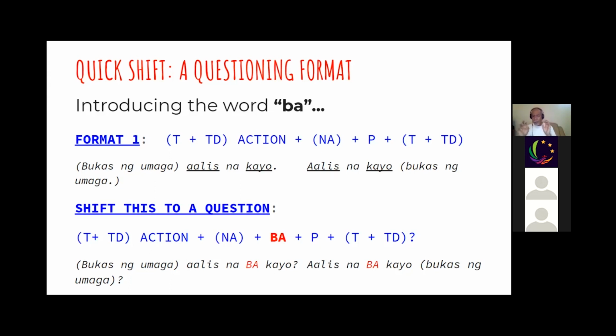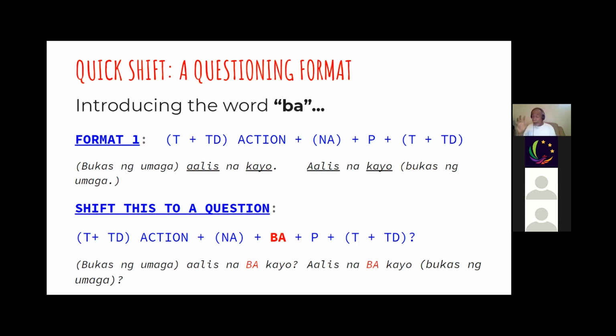Na ba. Not ba na. Okay? Na ba. Kumain na ba sila? Kumain na ba kayo? Kumain ka na ba? Okay? Good? Diba? Oo ba? Yes.